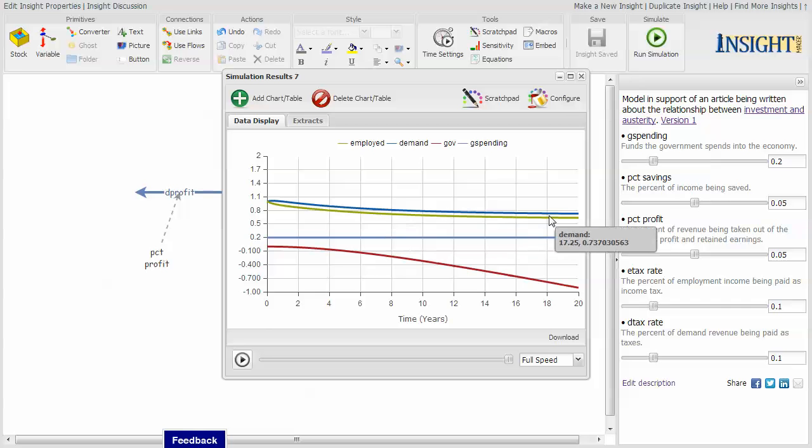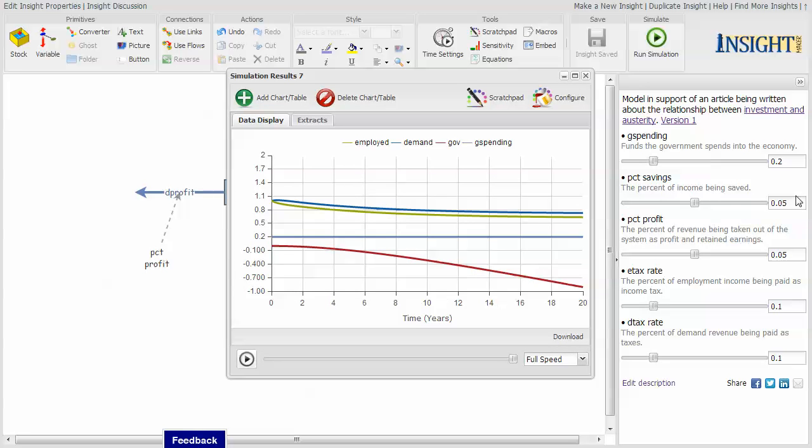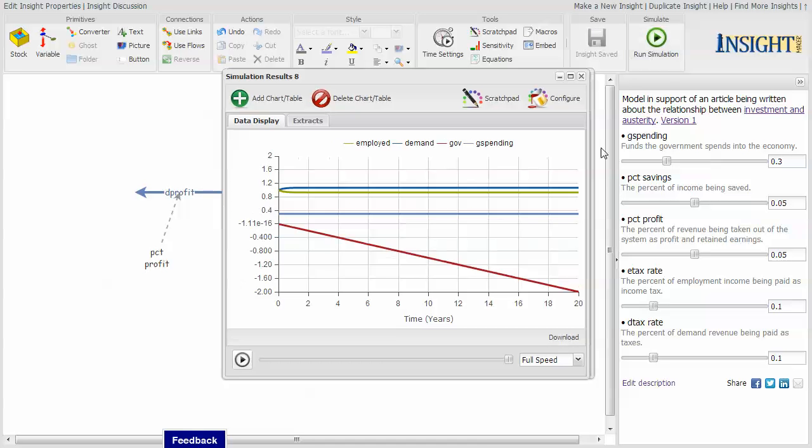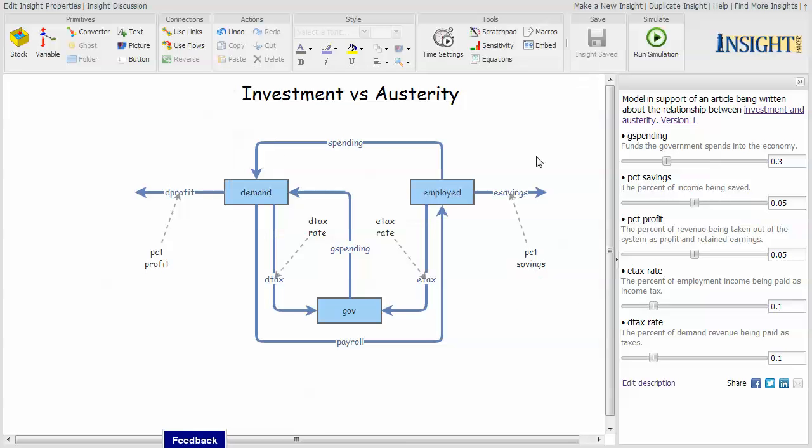Both of the flows continue to decline, so the only way to offset this is for the government to begin spending more money. So the government is now running a deficit, and the economy balances out to accommodate what's being taken out of the economy for profit and savings.